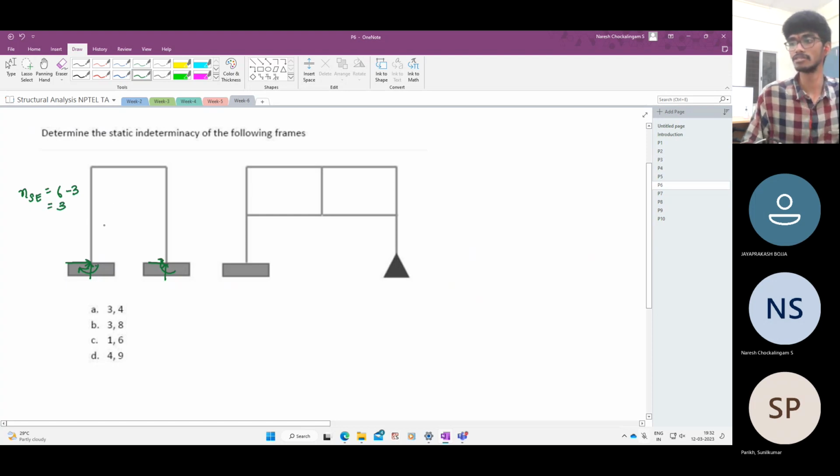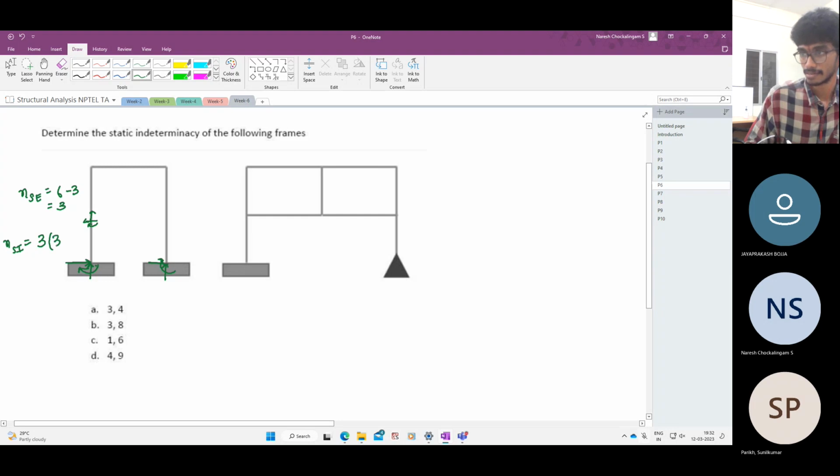Now, how many member forces do we have? We have 3 members, and in each of them we have axial force, shear force, bending moment. So what is internally indeterminate? There are 3 members, and each of them has 3 internal unknowns. And how many equations of equilibrium can I have? I have 1, 2, 3, 4 joints.